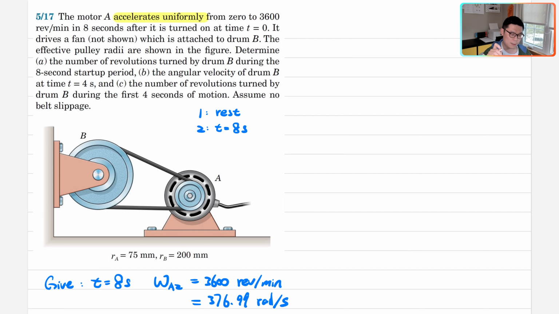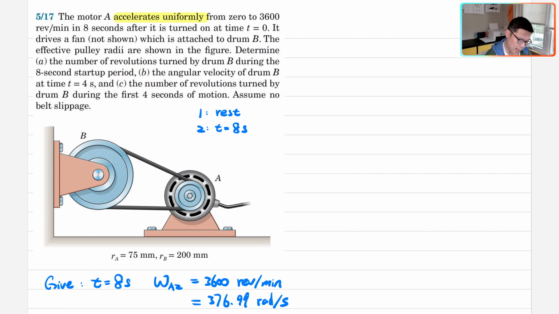So part A is asking for the total angular displacement. Displacement is a keyword here. Let me jump ahead and talk about part C, the number of revolutions turned by drum B during the first 4 seconds. Still, this is a total angular displacement we want to find. That's for part A and part C.